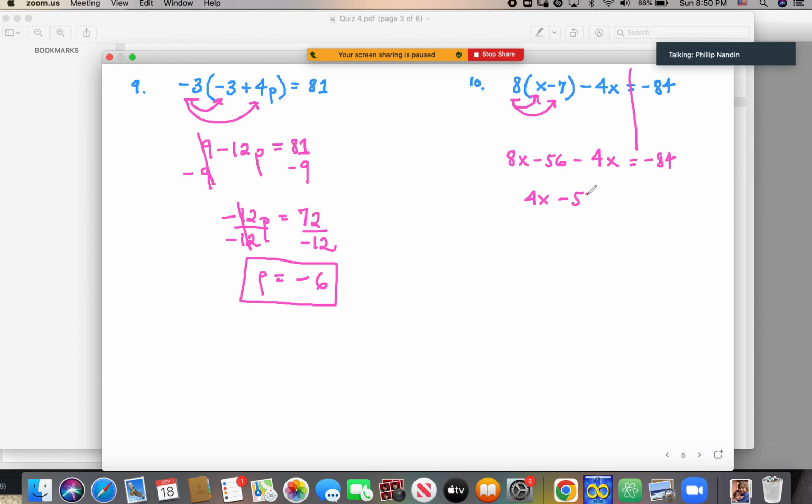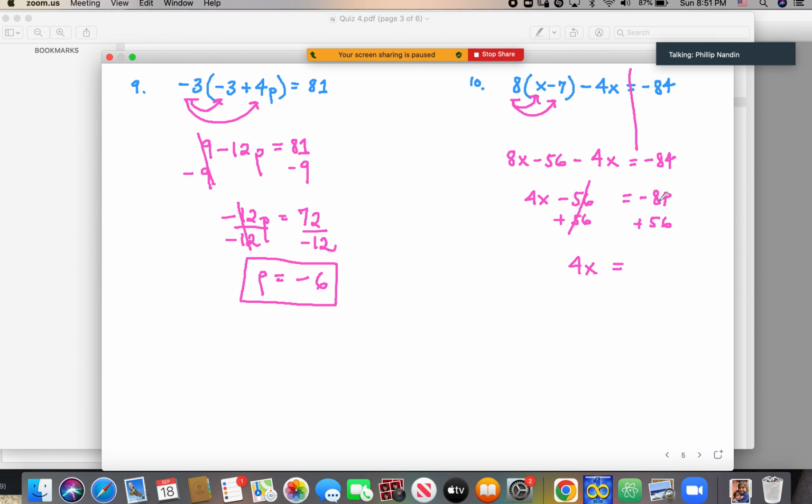4x minus 56 is equal to negative 84. Now we add 56 on both sides. Negative 56 plus 56 is 0. 4x is equal to negative 84 plus 56.